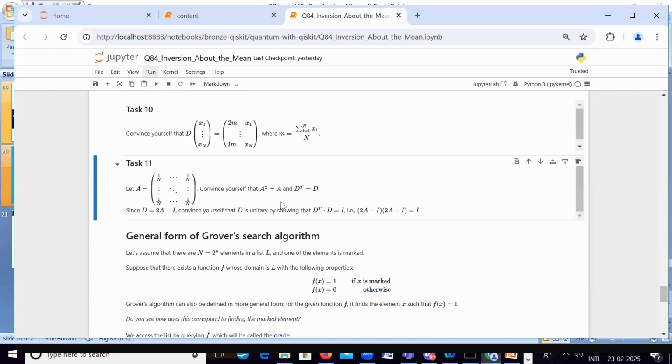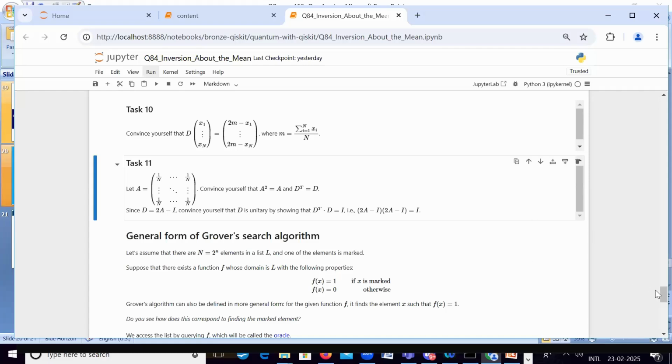Convince yourself A squared is equal to A. This has to be verified, and D dagger is equal to D. Any operation has to give the same set, just like what is called the identity operator or unitary operator here.